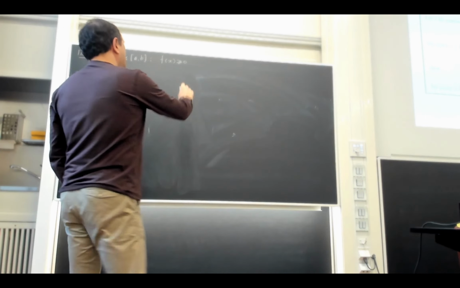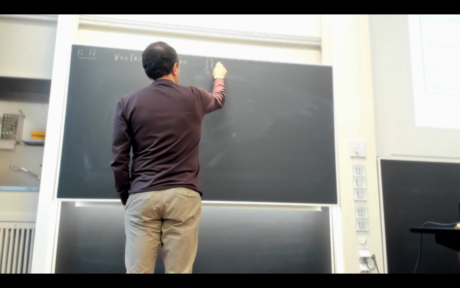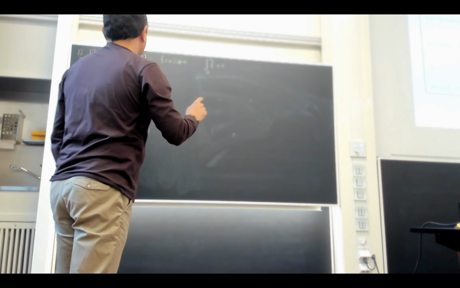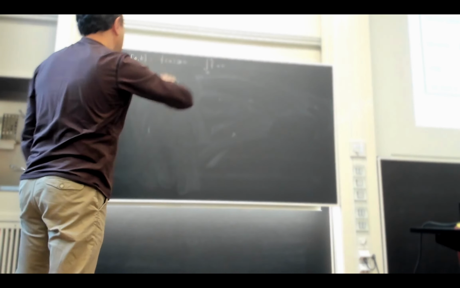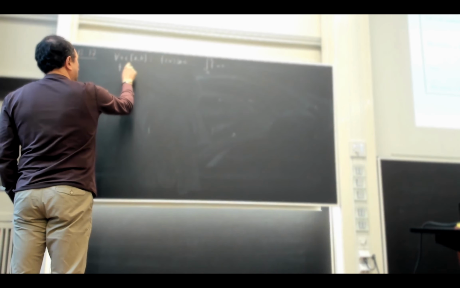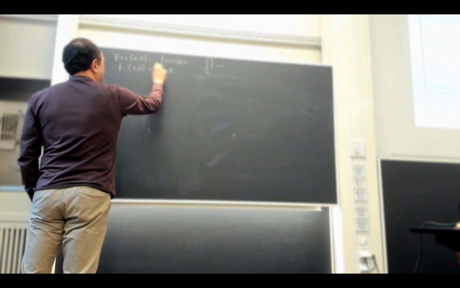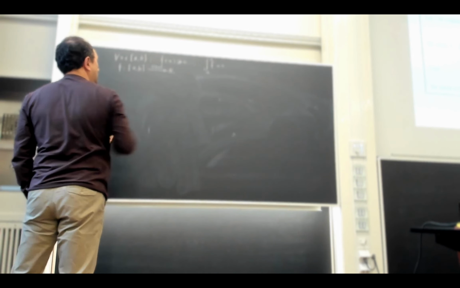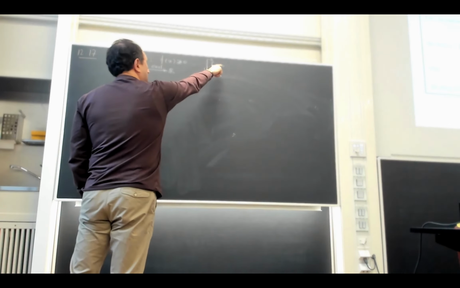We also know that the integral of f from a to b is 0. But we also know that f is continuous. So f is a continuous function, and yesterday we learned that if it is continuous, it is guaranteed to be integrable as well. And now the integral is 0.